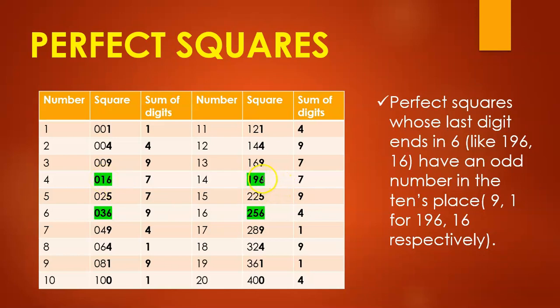You see it here as well. The square of 14 is 196, it ends in 6, the tens digit is 9, which is an odd number. Same for 16 squared, 256, the tens digit is 5, which is an odd number. Same goes for 6 squared, 36, the tens digit is 3, which is an odd number. That's another property of a perfect square.